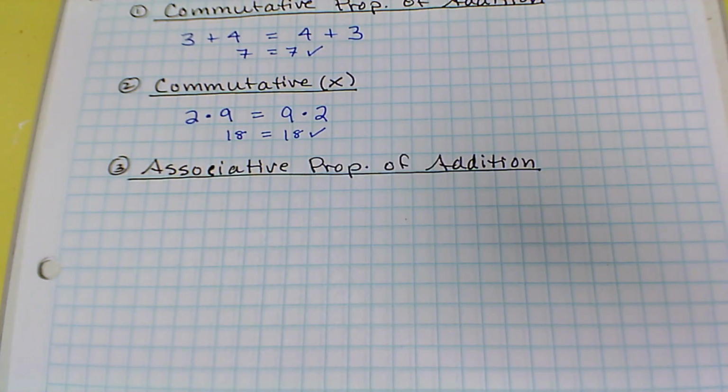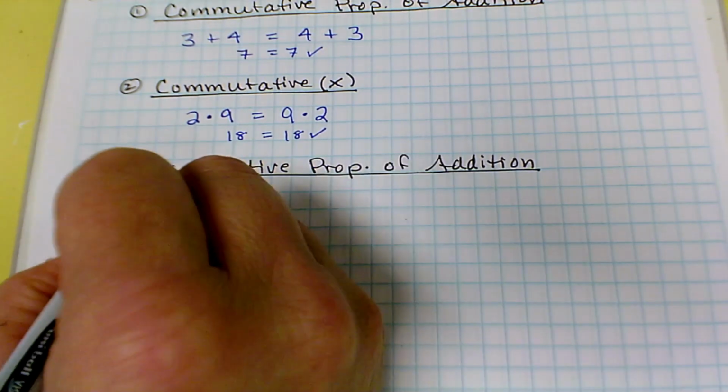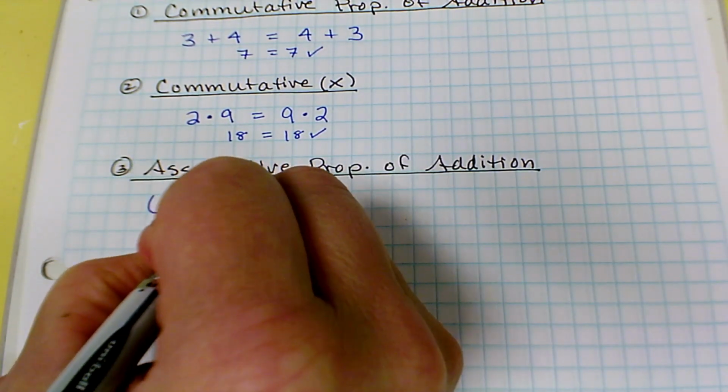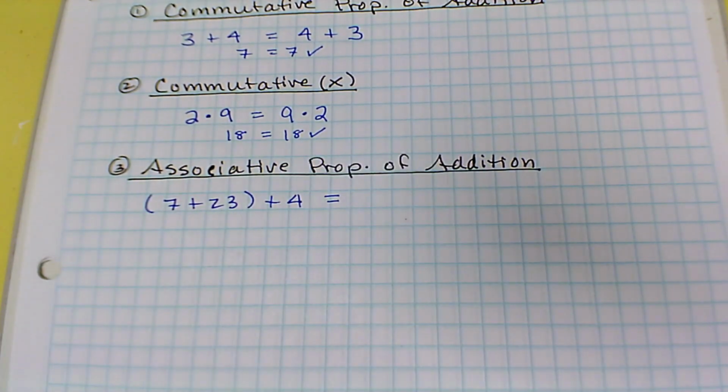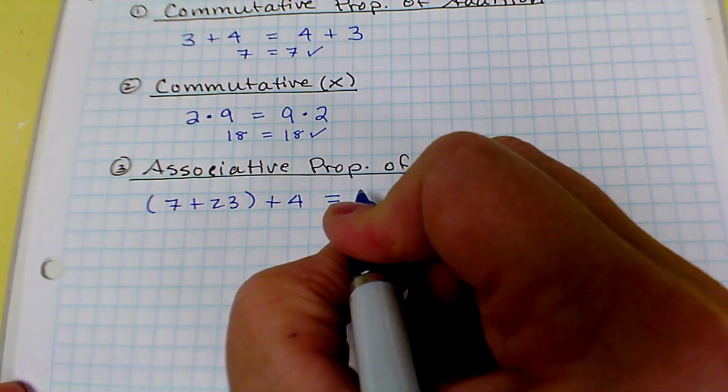An association has lots of people in it, people with arms. Associative property uses parentheses. It uses arms. So, for example, if I have 7 plus 23 in parentheses plus 4, associative property says I can move those parentheses without changing the order, and it still will come up with the same answer.